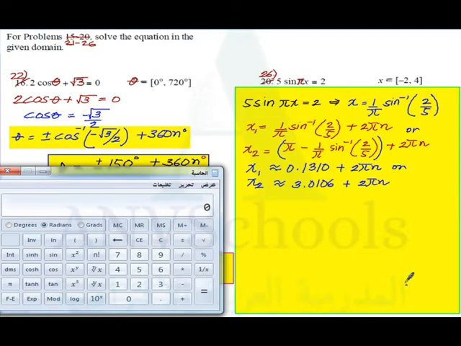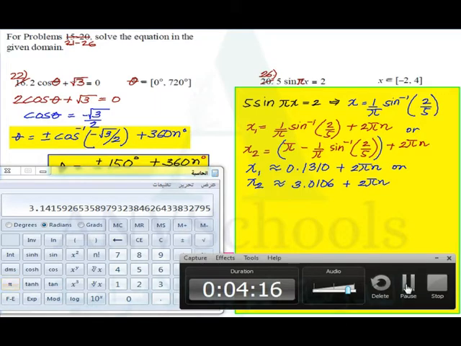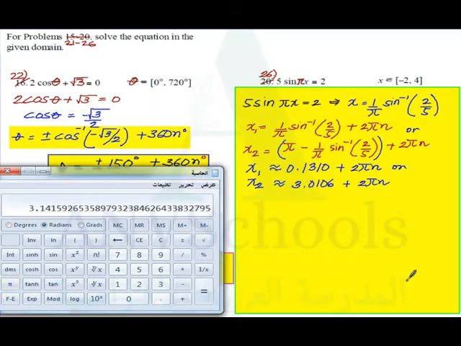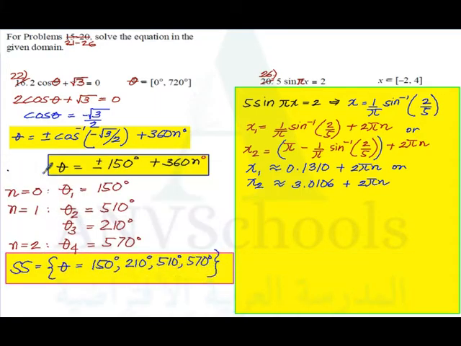But I'm not confident with x2, so let's do this again. So we have pi minus, yeah, I think we made some mistake in the transmutations here. So this should be pi minus, but before that, this should be divided by the whole thing.